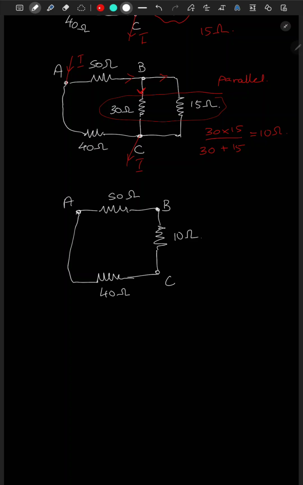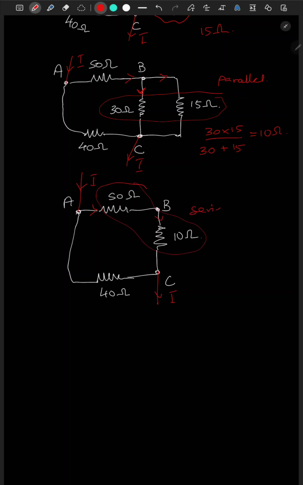So now if we redraw this, the current enters at A and leaves at C, so it will go toward this branch, so the same current will flow in the 50 ohm and the 10 ohm resistor.